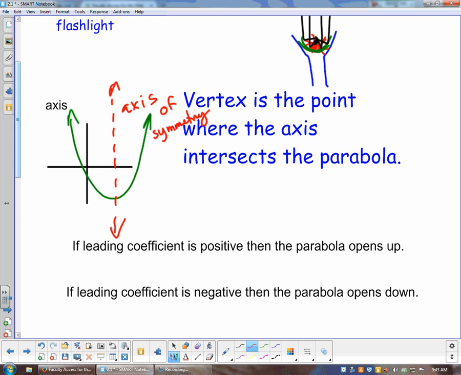The place where the axis of symmetry actually crosses your parabola is called the vertex. Good. So the vertex is the point where the axis intersects the parabola. If your leading coefficient is positive, then the parabola opens up. If the leading coefficient is negative, then the parabola opens down.